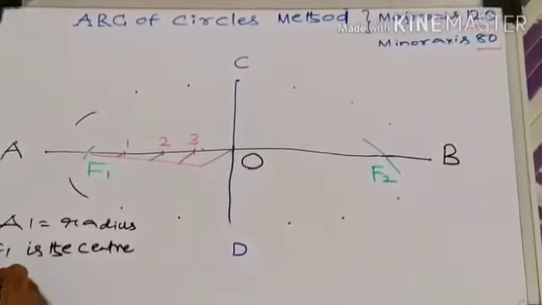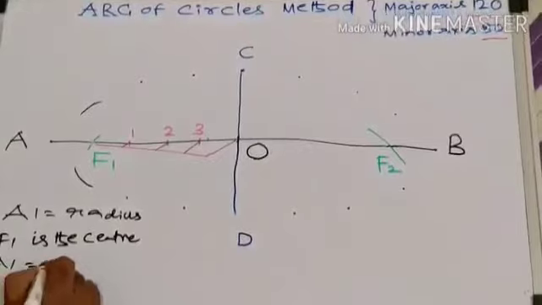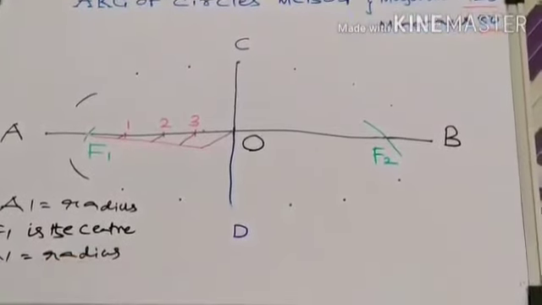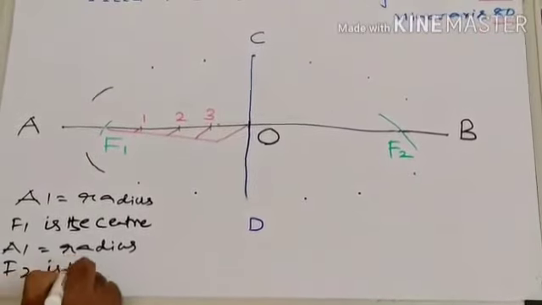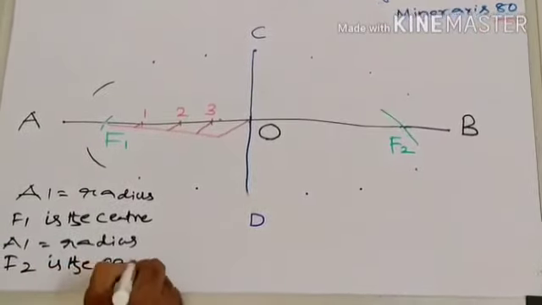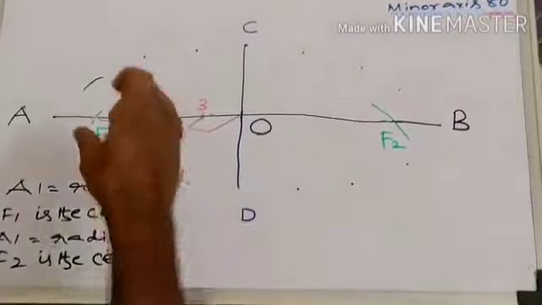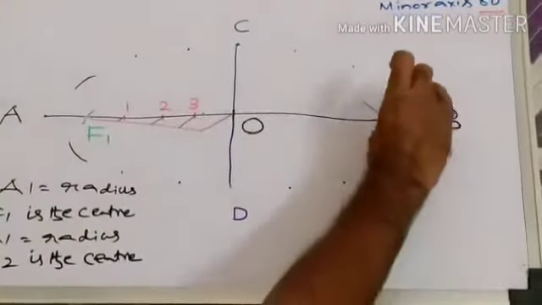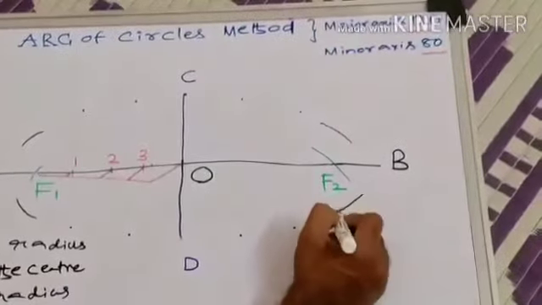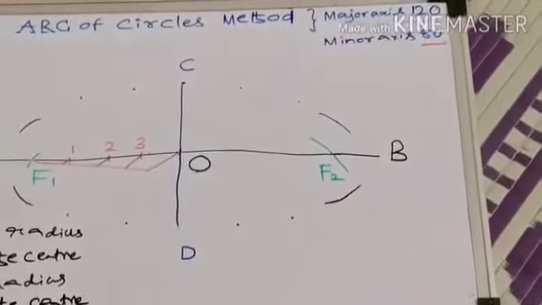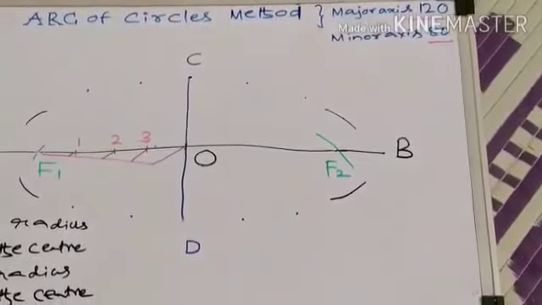Similarly, A1 is the radius and F2 is the center. Draw 2 arcs above the major axis and below the major axis.